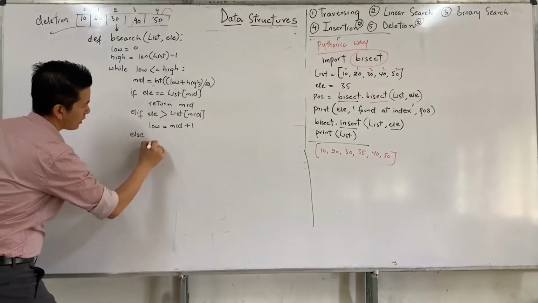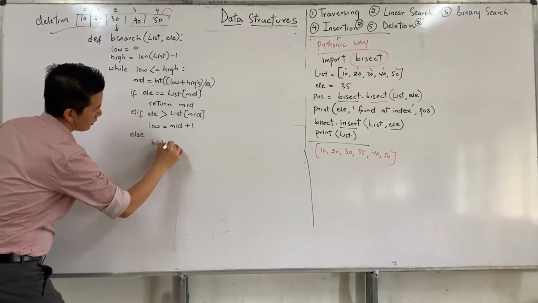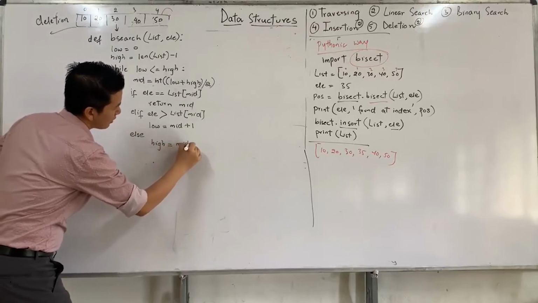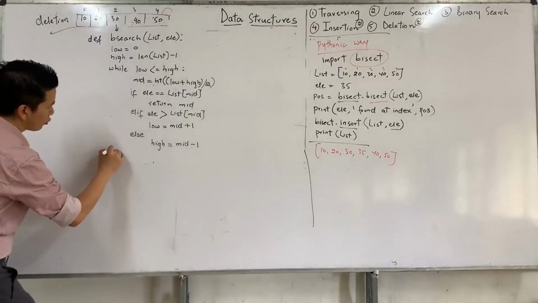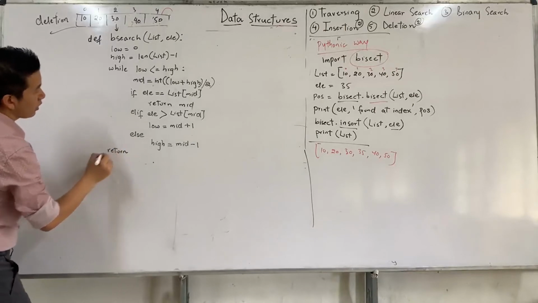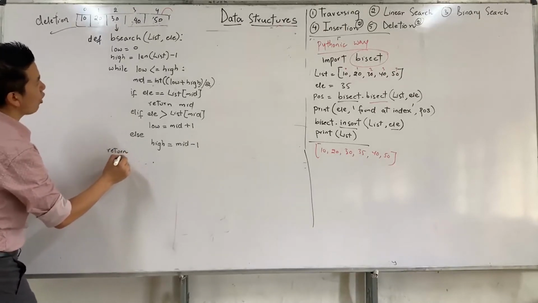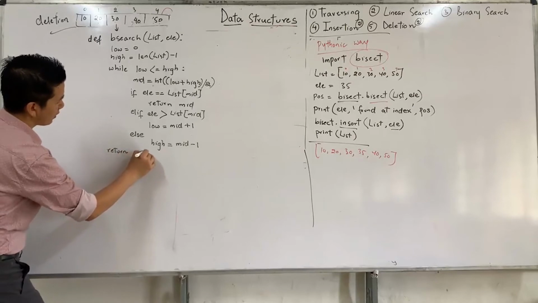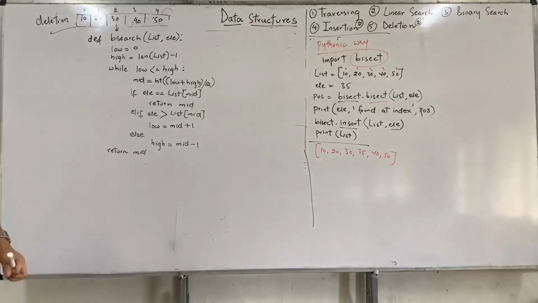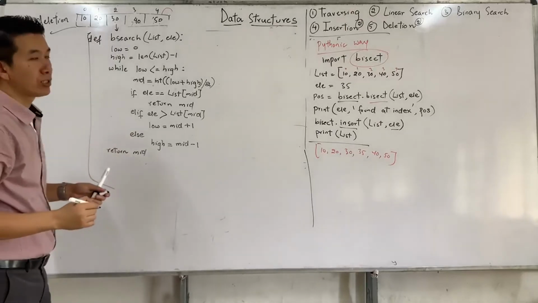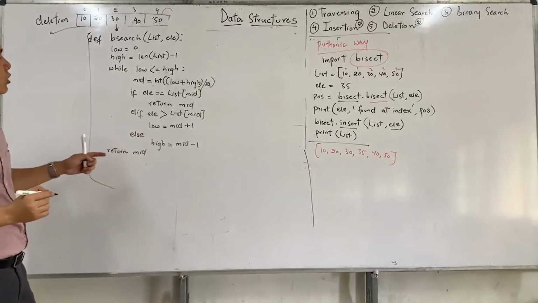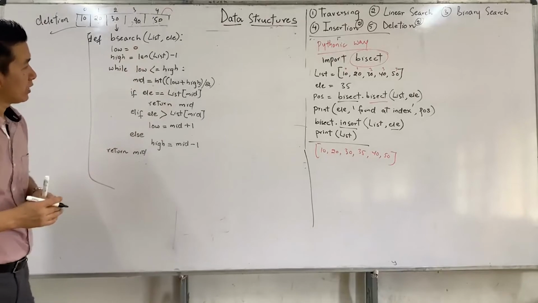Otherwise, high is equal to mid minus 1. And then finally you have to return the value of mid. With this, the program will manage to search and return the index value of the element to be searched in the list.